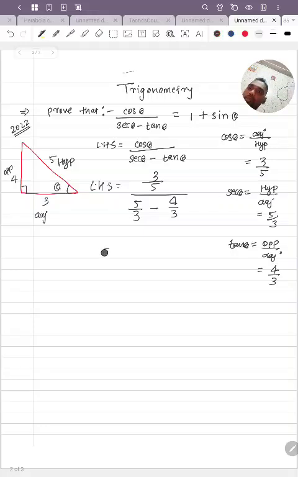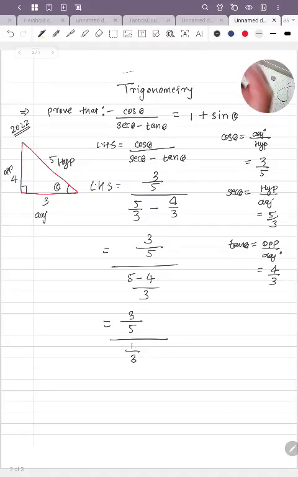First of all we write the numerator as it is, divided by, since both denominators are the same, 3 as the common denominator, and then the numerator as it is with the given sign. So it becomes 5 minus 4 over 3, and then on further simplification, 3 over 5 we keep as it is, divided by 1 over 3.